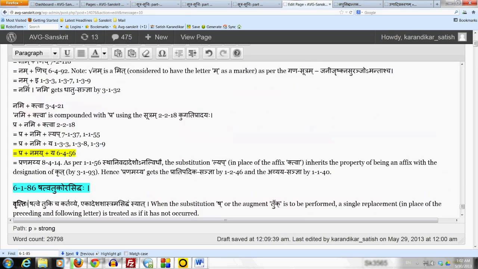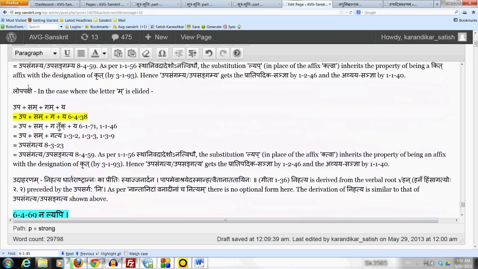On account of this, we have already seen that the augment tuk joins a short vowel when it precedes lyap as per the sūtram 6171 hrasvasya piti kriti tuk. We've already seen the examples upasangatya and nihatya.